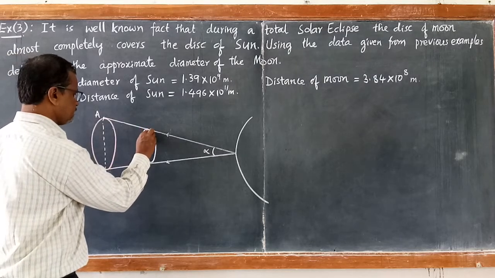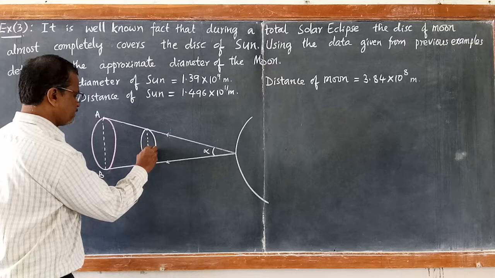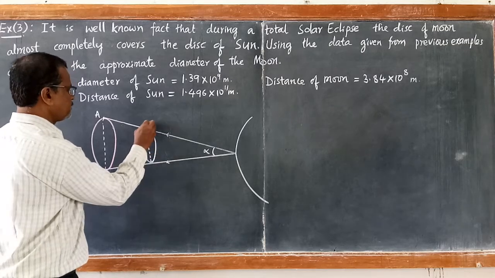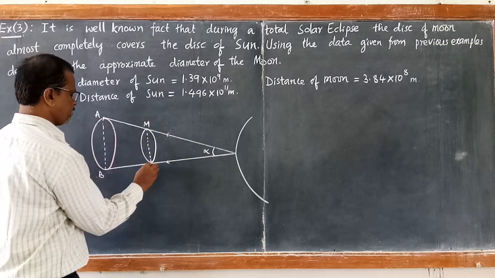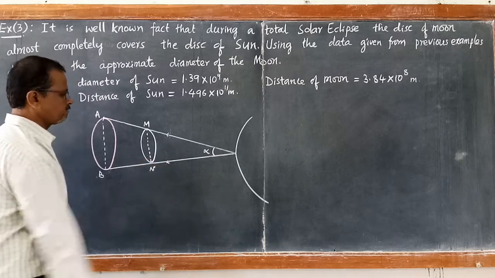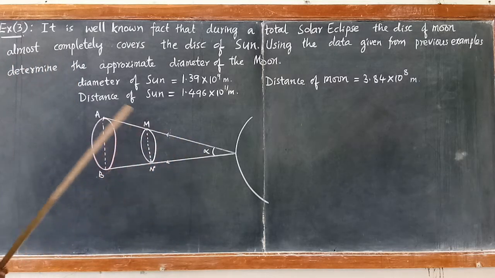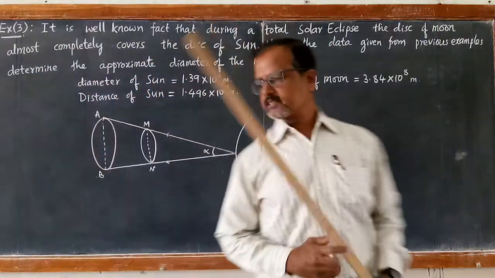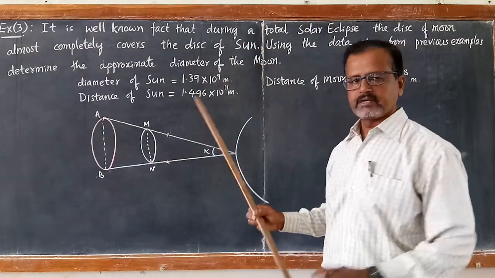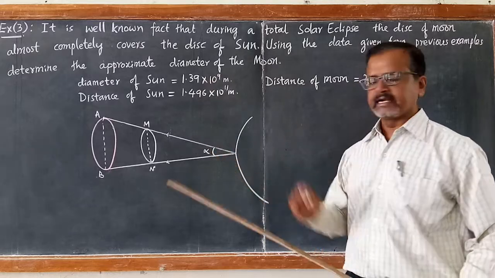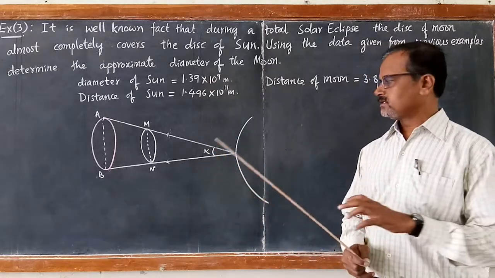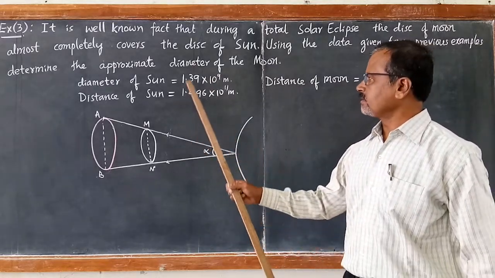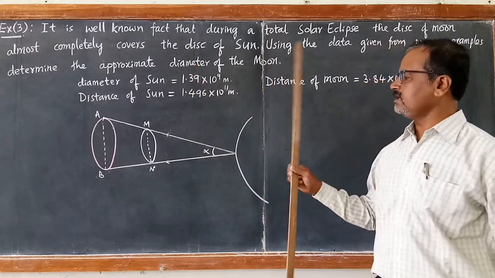If you call the diameter of the moon MN, then angular diameter of the sun becomes equal to angular diameter of the moon. Angle subtended is the same. I think you got the point. So using this condition, we can now solve the problem, that is to find the diameter of the moon.